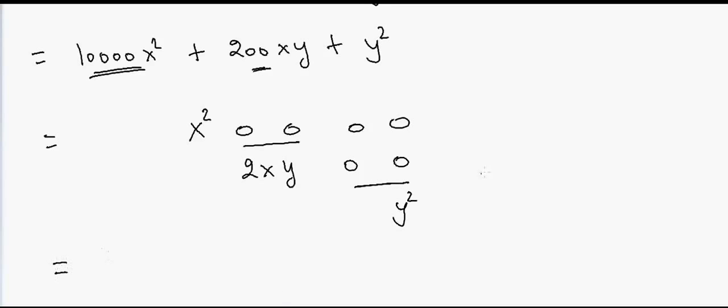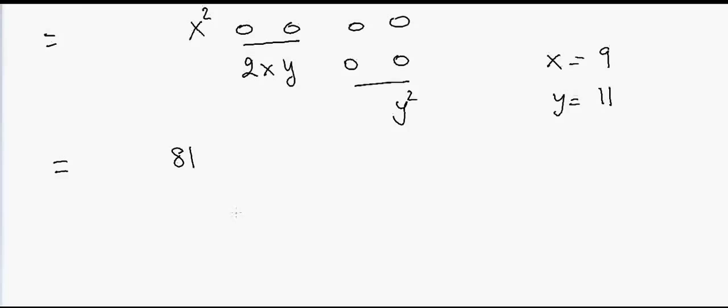Again, if I have x equal to 9 and y equal to 11, then you can see that 9 square is 81. There is no limit for x square here, right? And then we have 2xy, so 2 into 9 into 11, that will be equal to 18 into 11, which is 198.